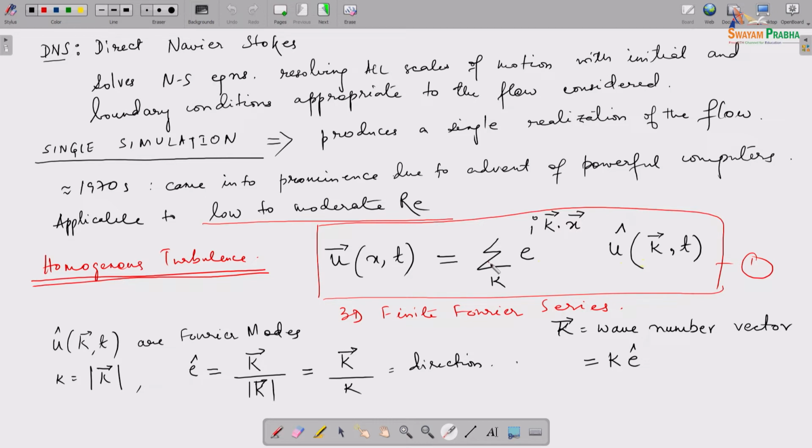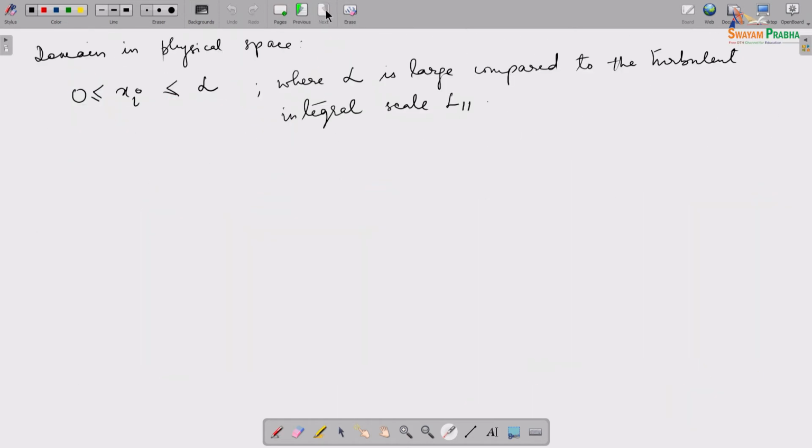So that domain is L, where L is large, so the scale over which I integrate is well within this L. So K naught is the lowest wave number, 2 pi by L, because L is very large compared to the integral scale.